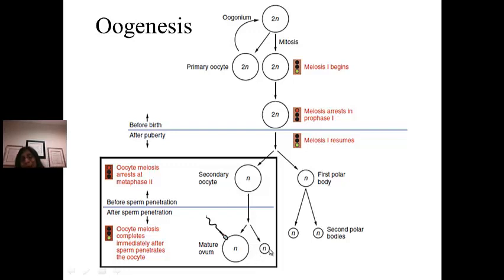The second cell gets very little, which eventually dies. So the ovum is produced in the presence of sperm. Very soon the nuclear membrane disappears between the sperm nucleus and the nucleus of the ovum. The two sets of chromosomes come together and pair up, and that's what we call fertilization.